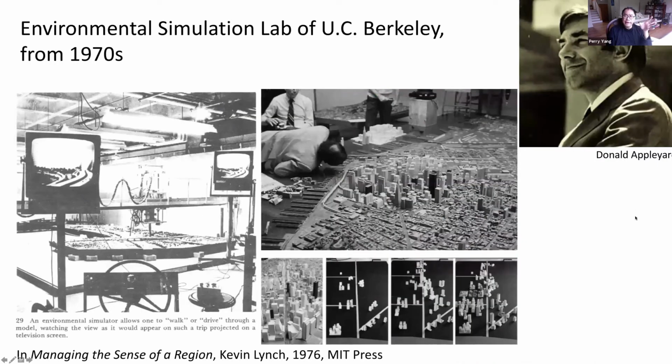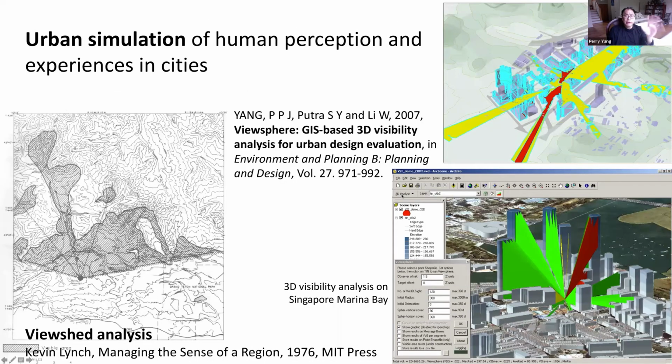So one of Kevin Lynch's colleagues, Donald Appleyard, went to UC Berkeley and built this urban simulation lab. They used physical models to simulate how a car is driving in the city, even pedestrians walking in the city. They used a micro camera to simulate the visual quality of the city in San Francisco. But today we don't need that kind of expensive physical model. We can use GIS to simulate, say, visibility, to operate sightlines from an individual viewer.